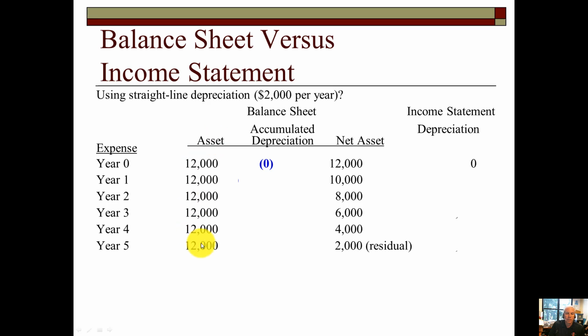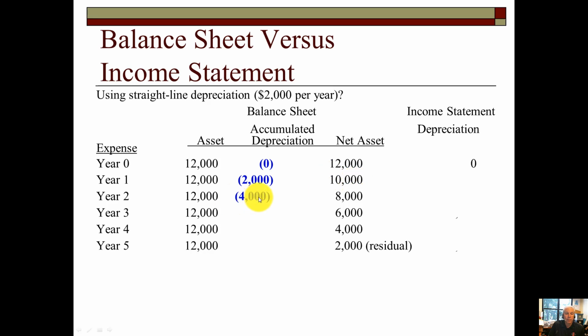Here's our asset cost. This is what we would call historical cost, our original cost that went on the balance sheet. Here's our contra asset column, accumulated depreciation, in year 0 at the beginning. It's 0. The net asset value or book value is 12,000 when you take this column minus this column. After year 1 we had 2,000. We're going to use the straight line example of 2,000 per year. So cost minus accumulated is a net asset value of 10,000.